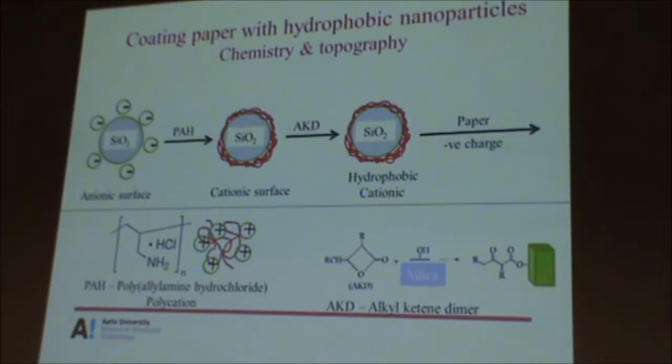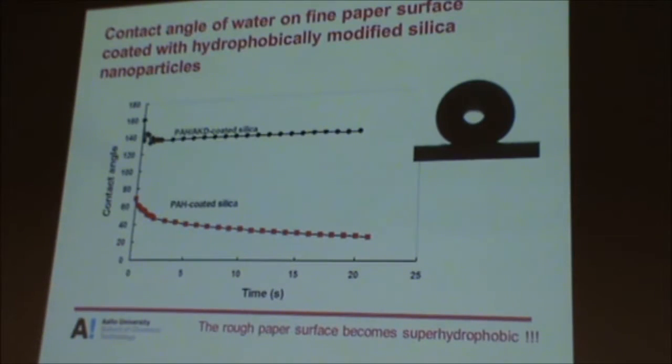The positive charge, with the help of the negative charge on the paper, makes them stick to the paper, and the hydrophobicity is so that you make the final surface water repellent. Water won't stick to the surface, and this is a photograph of a water droplet on the surface of this sheet.